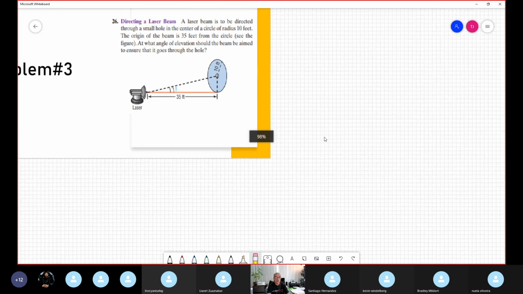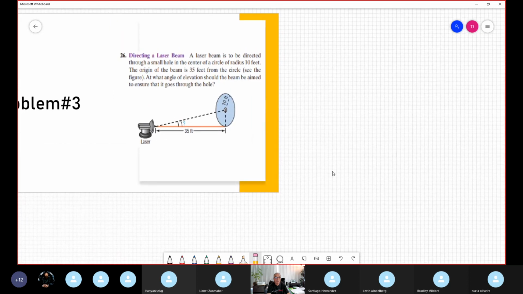A laser beam is to be directed through a small hole in the center of a circle of radius 10. Wow, 10 feet. The origin of the beam is 35 feet from the circle.